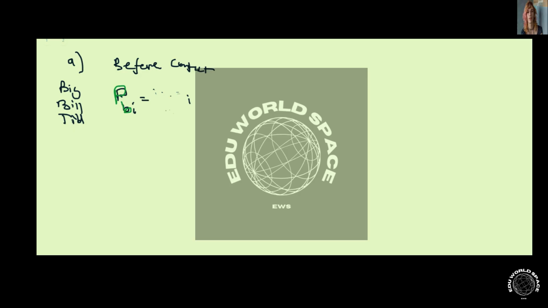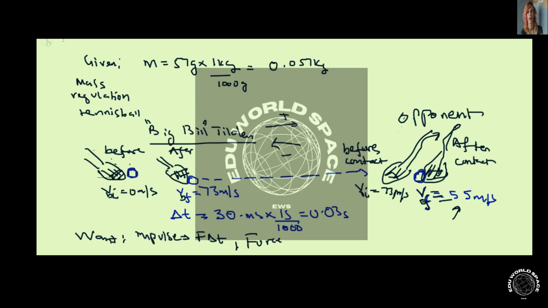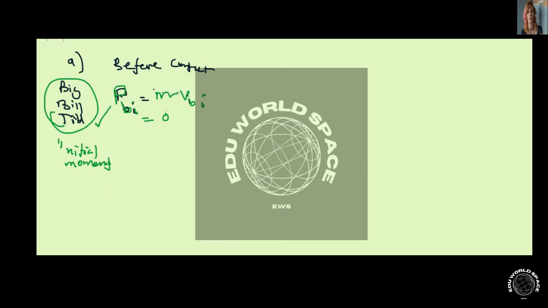This is the initial momentum of Big Bill Tilden. Mass times initial velocity: the mass was 0.057 kilograms times the initial velocity, which is 0 meters per second, and that gives me 0 kilogram meters per second.